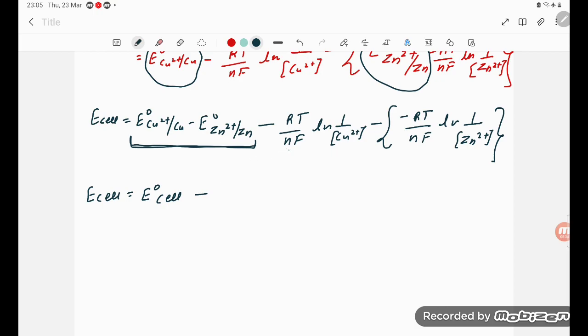We have to take the common things, student. So let's first do some calculation.